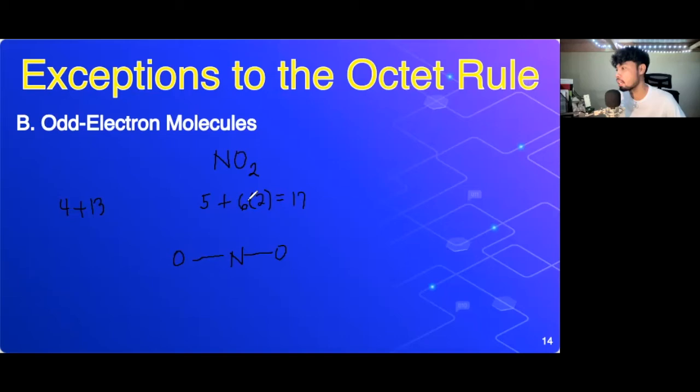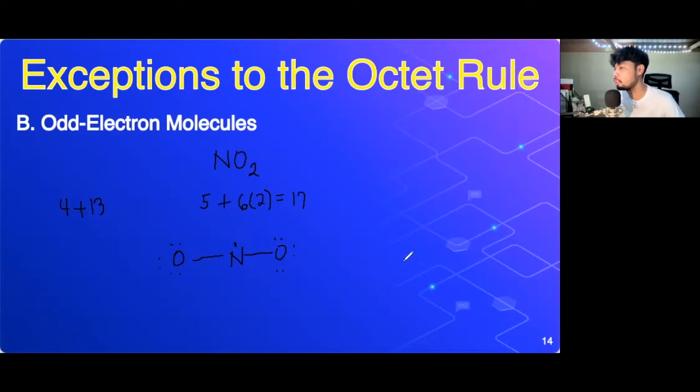Starting from the oxygen atom, we're going to put 6 electrons or 3 lone pairs, and another 3 lone pairs for the other oxygen atom. Now the remaining electron will be placed on the central atom.